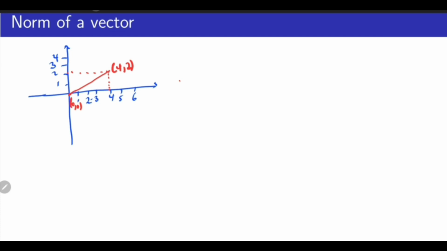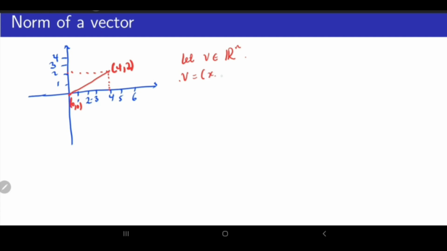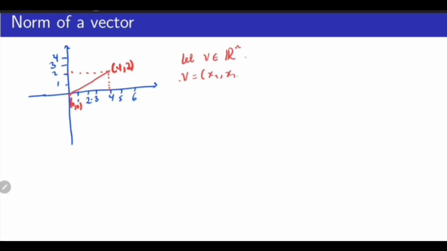So the most common norm, or the formula for the norm of a vector in n-dimensional space, is given by this. Let's consider V a vector in R^n. Then we can represent the vector V using coordinates, which is, let's say, x1, x2 up to xn.